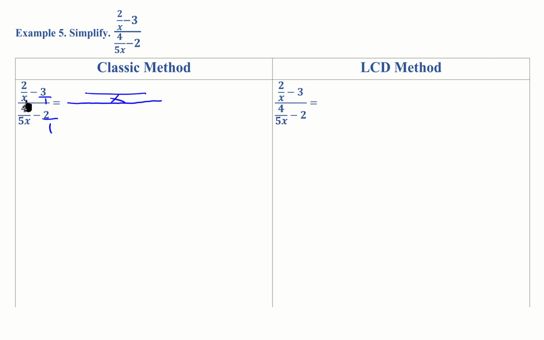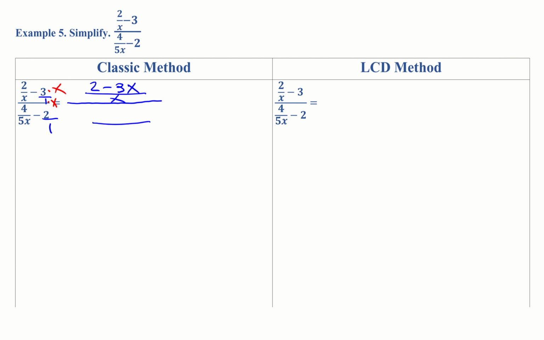That means this fraction is already good to go since the denominator is already x. This one we're going to have to multiply by x, right? Don't forget that means we have to do the same on the top. So what we're left with now is 2 minus 3x, right? Over x.